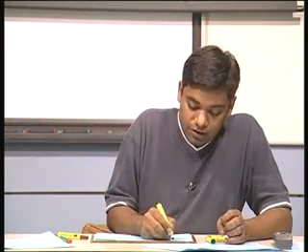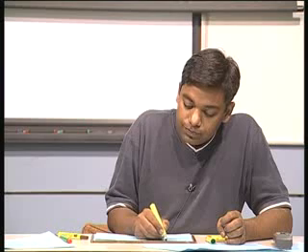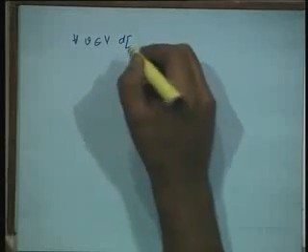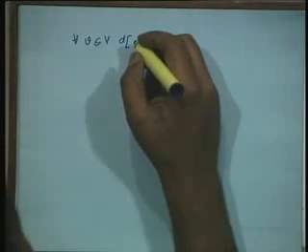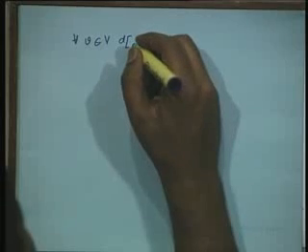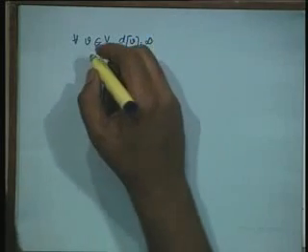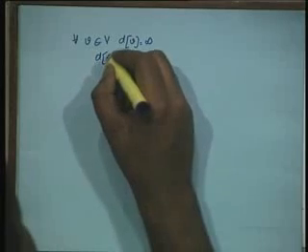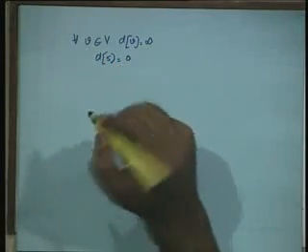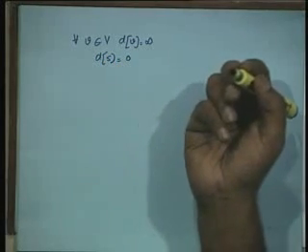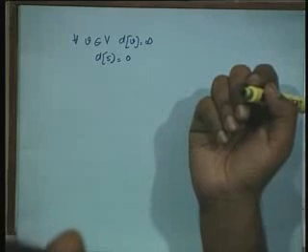Since initially I have no clue what those things are, I give every vertex a distance label of d of v equals infinity, and d of s is 0.